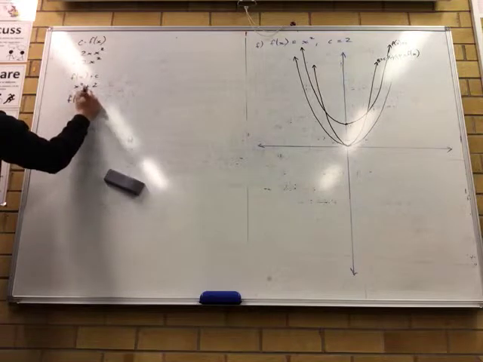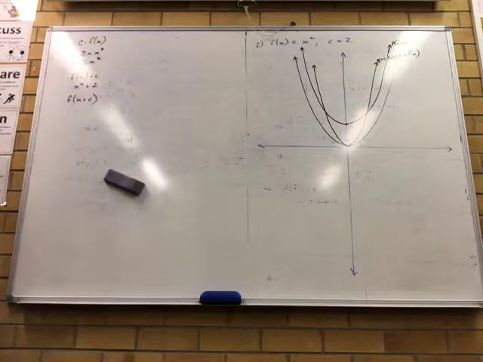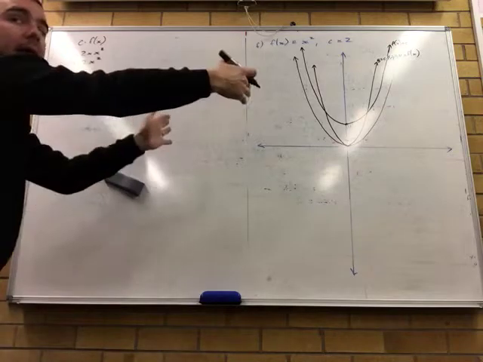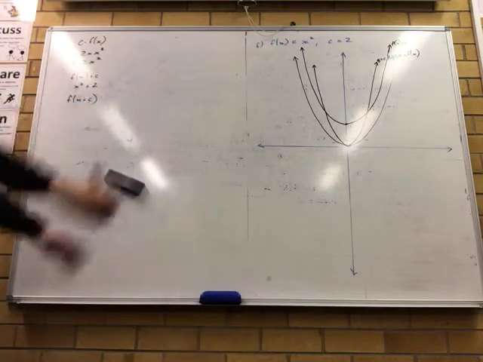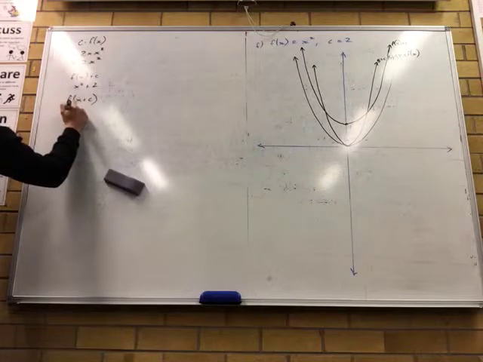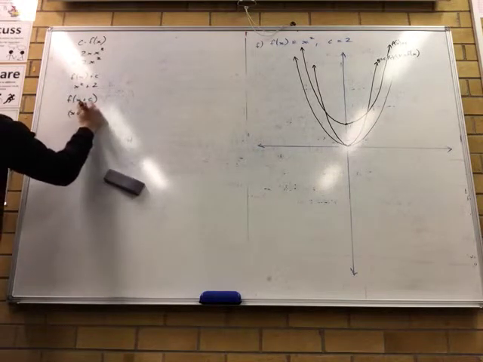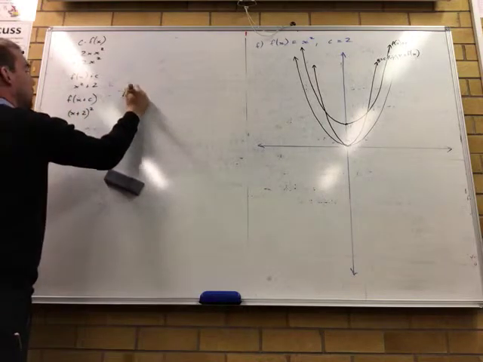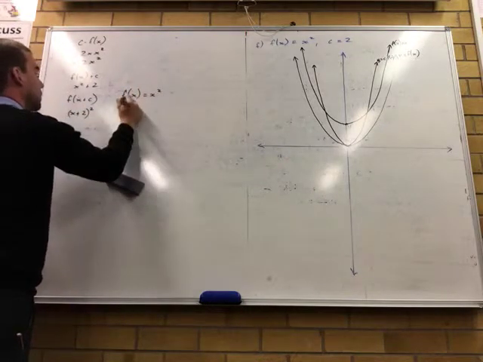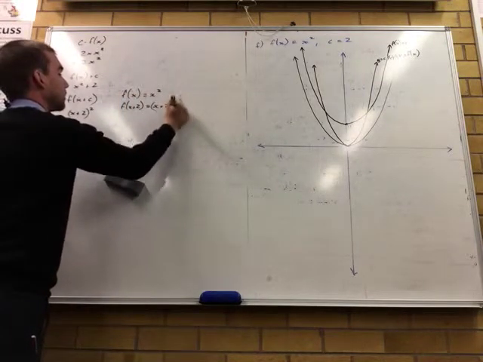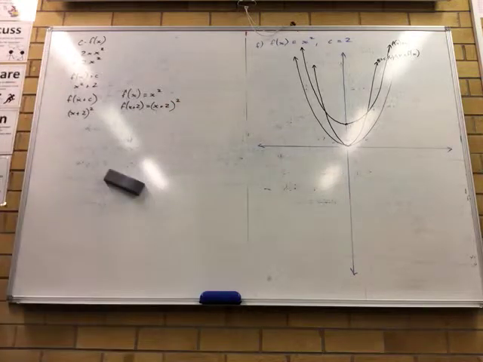Alright, f of x plus c. So when you have a constant incorporated into the original function, not just adding it at the end of the function, that will translate in a horizontal movement. Alright, so we have x plus 2 all squared. Remember the original function f of x is x squared, so f of x plus 2 is x plus 2 all squared.